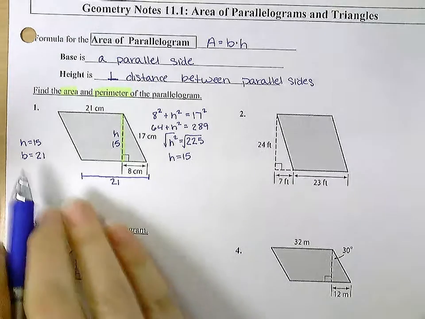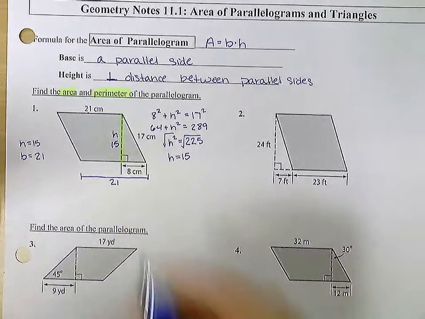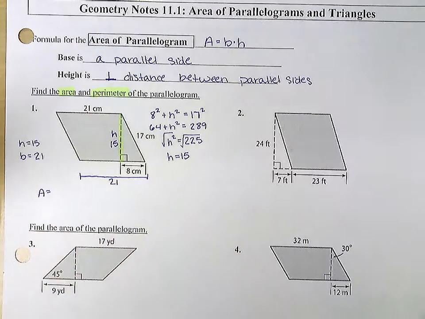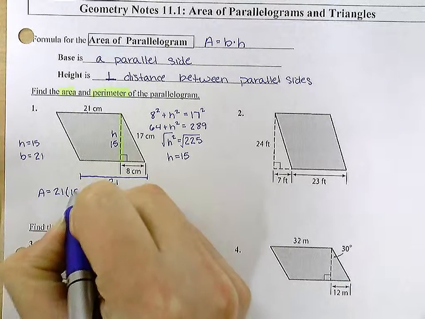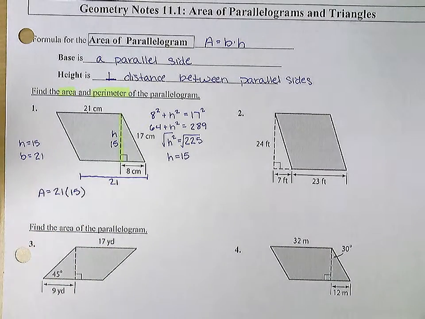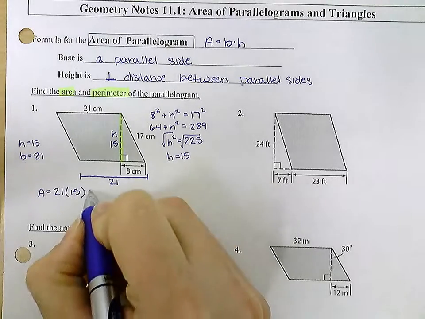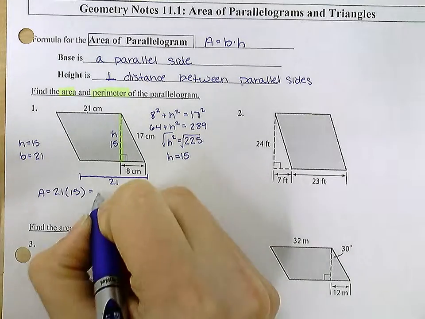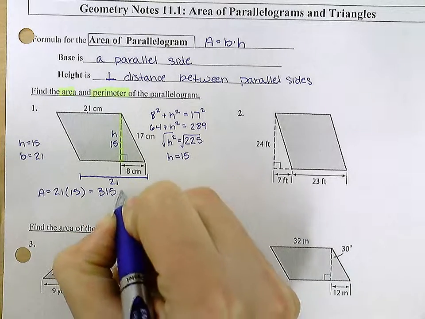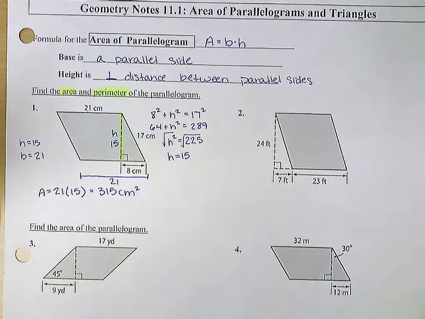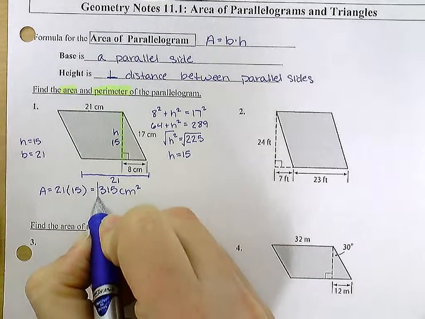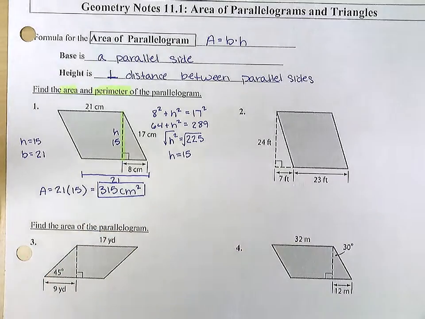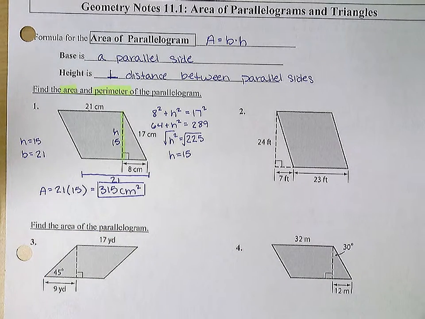So I can find the area since I have both the base and the height now. So I just have to multiply our base, which is 21, times our height, which is 15. And I got 315 centimeters, and it will be centimeters squared because you're multiplying two together. Okay, so the area is 315 centimeters squared.